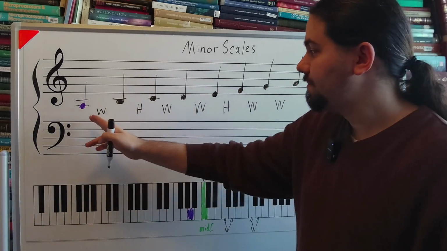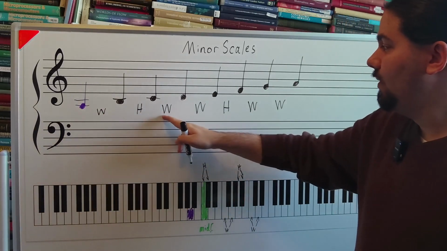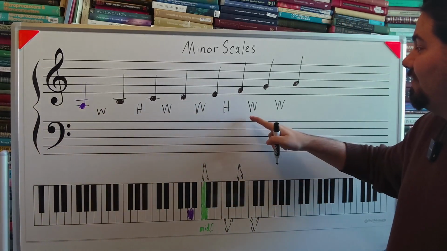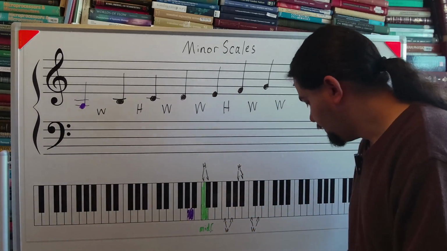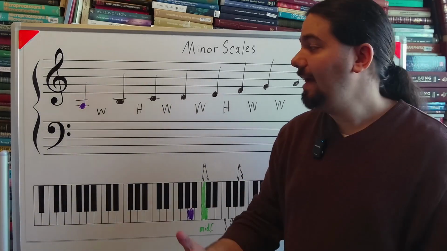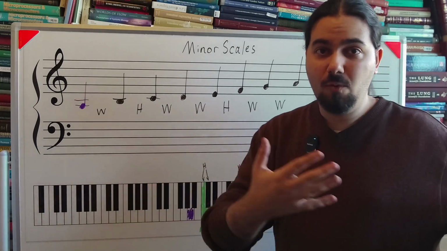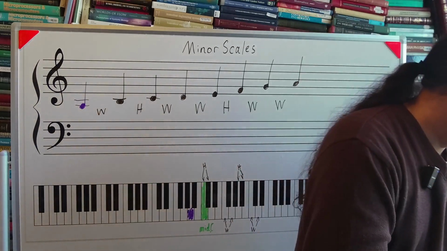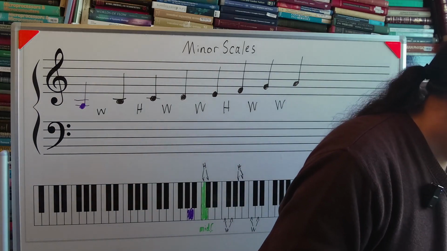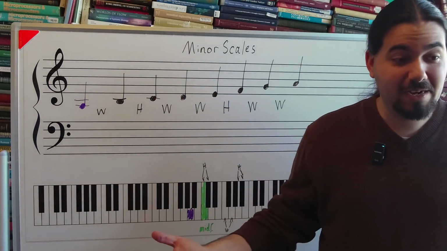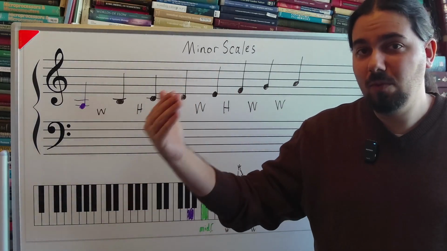So there you have it. Whole, half, whole, whole, half, whole, whole. Just like last time, I'm going to say out the half step, whole step pattern while playing the notes on the piano. So that's the entire scale in sequence, but I'm going to go one note at a time.